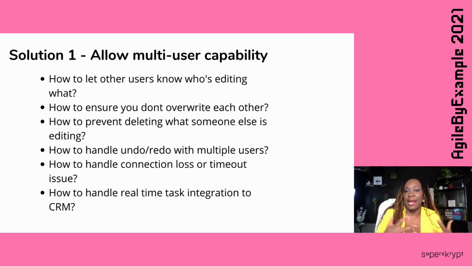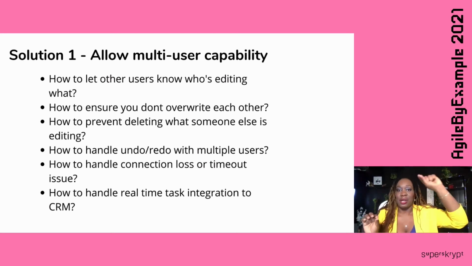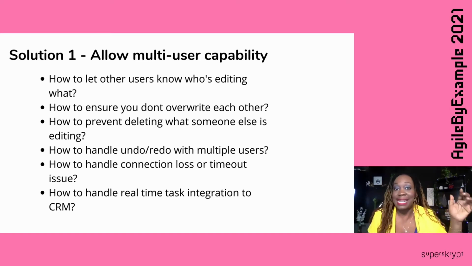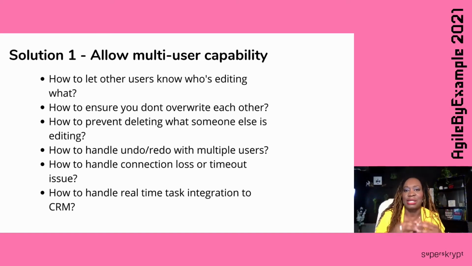So there were interdependencies that you had to consider. And so somebody could be working on a task down here and somebody else working on a goal up here. And then if you delete the goal, then all the children would be deleted because it's a parent-child relationship. So there were many complexities, very complex software that we were working with.